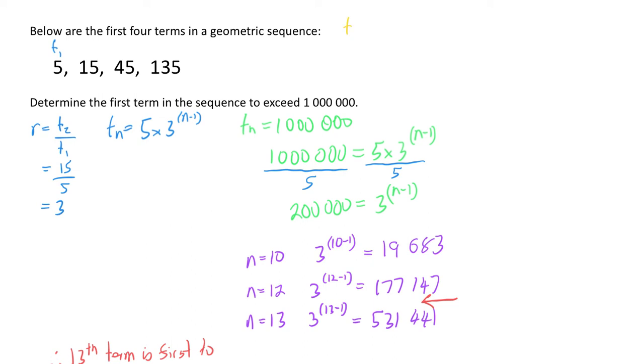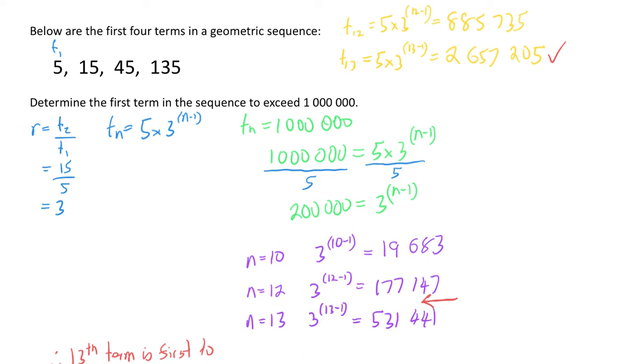When I substitute n equals 12, T12 is equal to 5 times 3 to the power of 12 minus 1, which equals 885,735. When I substitute n equals 13, it becomes 5 times 3 to the power of 13 minus 1, which equals 2,657,285. That confirms that the 13th term is the first term that exceeds 1 million.